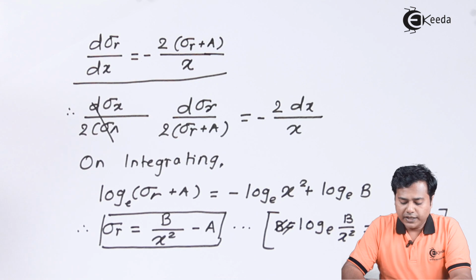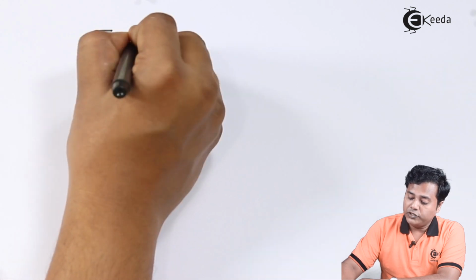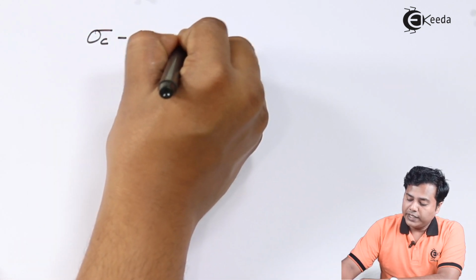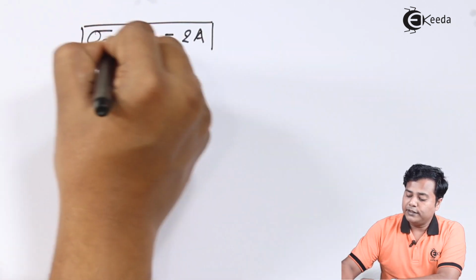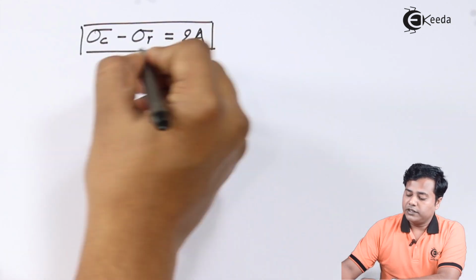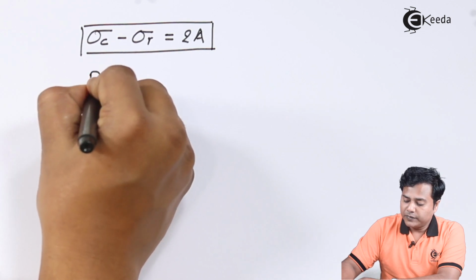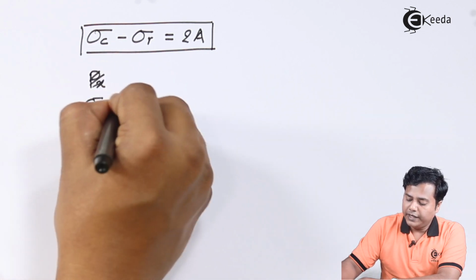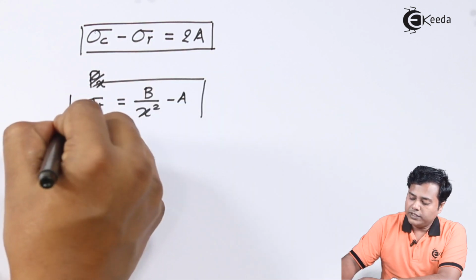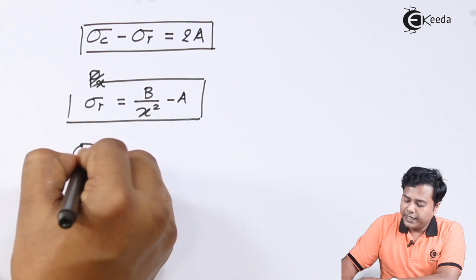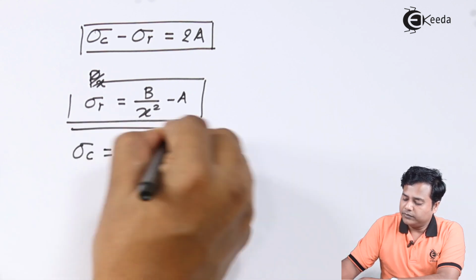There is one more aspect: we know that the difference between sigma circumferential and sigma radial is equal to twice the A. So let me recollect the formulae for thick cylinders as far as Lamy's equation is concerned. This is one of the equations, and the second equation which we have just used is sigma radial is equal to b divided by x square minus a, and on the same lines, sigma c is equal to b upon x square plus a.